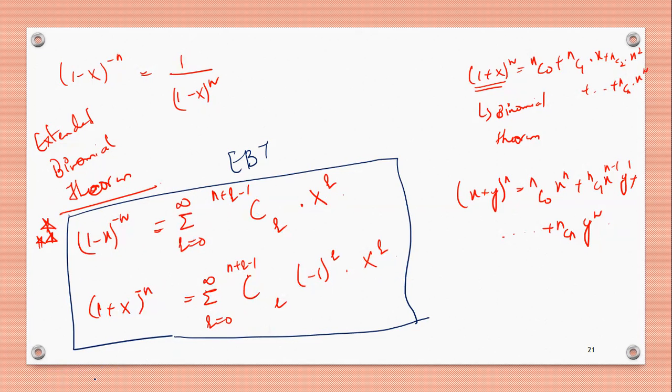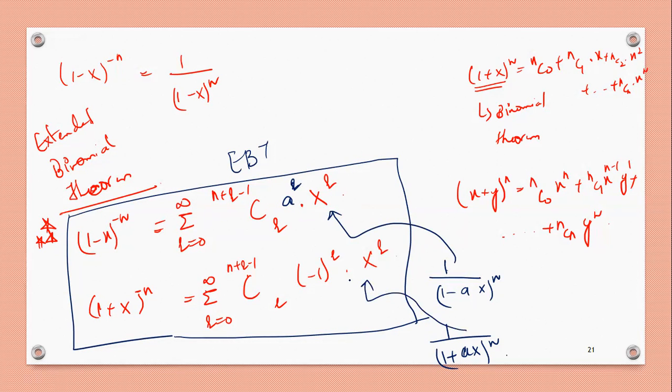Okay. Now similarly, based on this, if I want to define 1 by 1 minus ax whole power n and 1 by 1 plus ax whole power n. So what I will do, this term will remain as it is, r is equal to 0 to infinity n plus r minus 1 cr. Here, since we have a, I'll add an additional a power r, x power r.